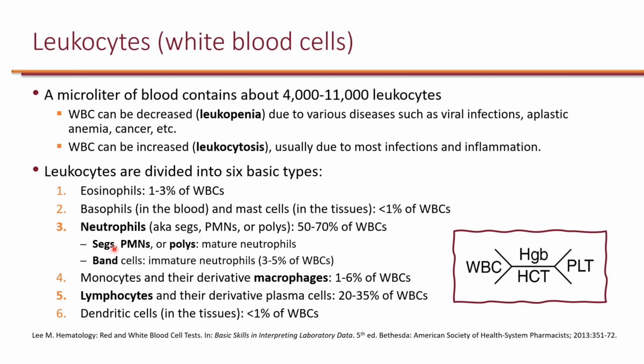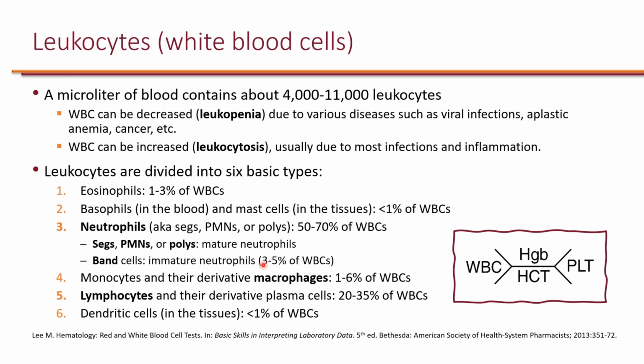Now, during infection, because the body tries to make more neutrophils than usual, you will see an increase in the band or immature neutrophils, and that's typically referred to as bandemia or left shift. So left shift meaning the cells have shifted to the immature side. And so if you see more than 10% of the neutrophils in the band cell, that's typically called bandemia.